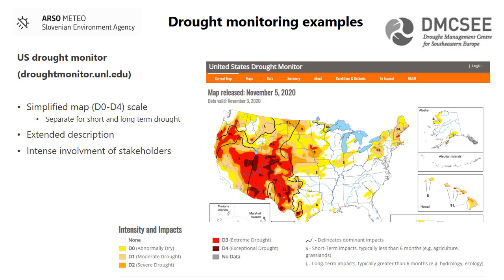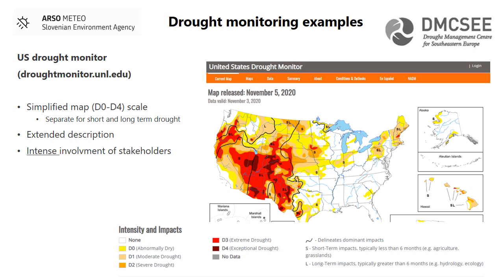And what is also important, if you depend on certain quantities or availability of fresh waters, the groundwater levels and so on depend mainly on deviations that are much longer than just a few months. So long-term impacts, typically greater than 6 months, can be even years, and they reflect mainly in the hydrological cycle, in groundwater levels and so on, and also in ecology.